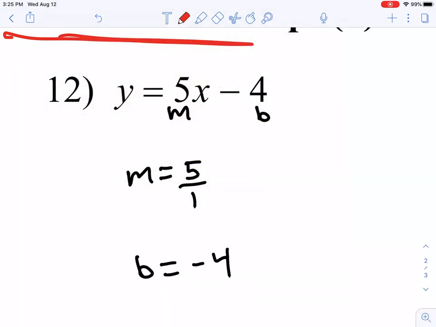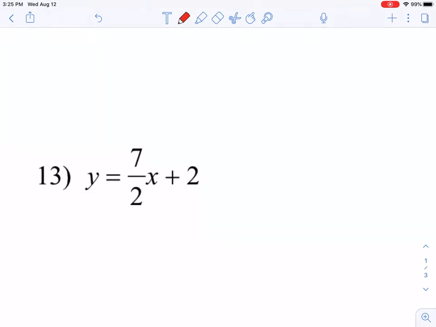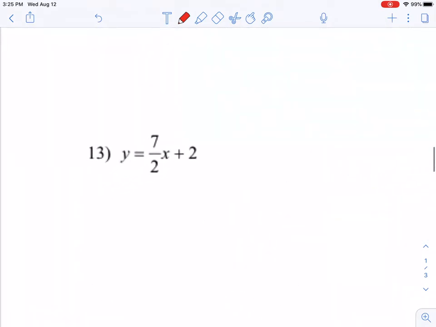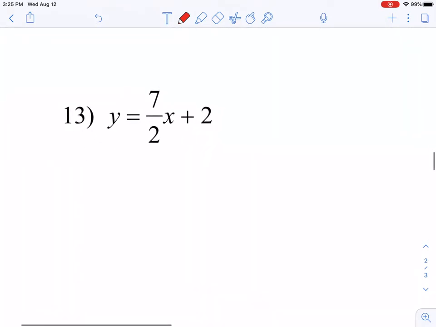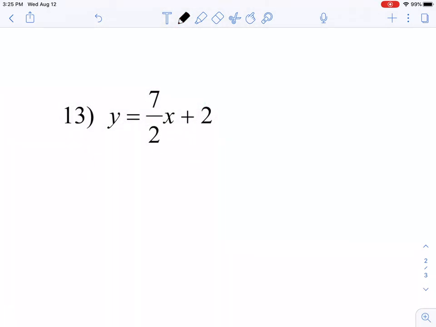And then I'm going to look, if I have a positive 5, I'm going to move up, and a positive 1, I move right. I've learned how to make this easy on you, which is we're always going to be moving right. So your bottom number is always going to be right, at least at first.